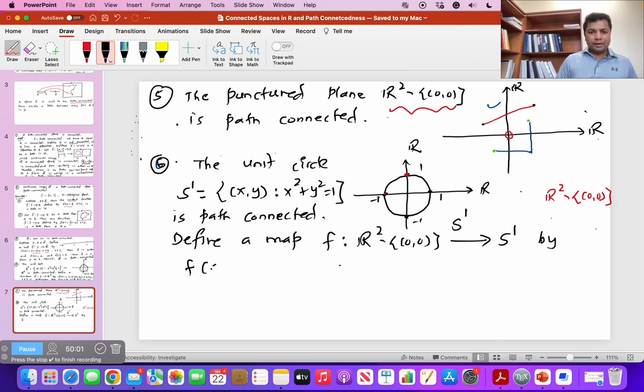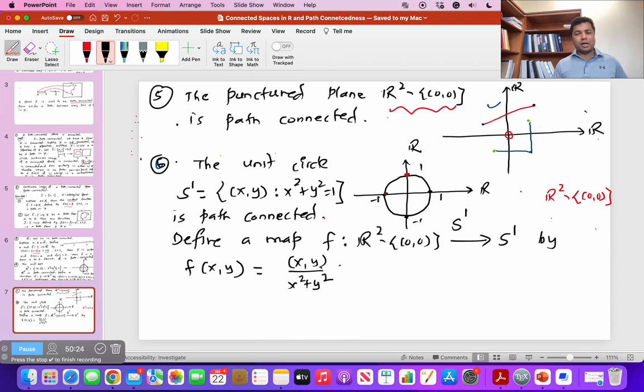Since the domain of our function is the punctured plane, each point in this punctured plane is an ordered pair. So we are defining this map f of (x, y) equal to, what we are going to do is divide this point by this quantity, the square root of x square plus y square.